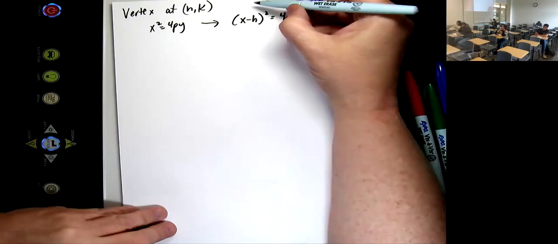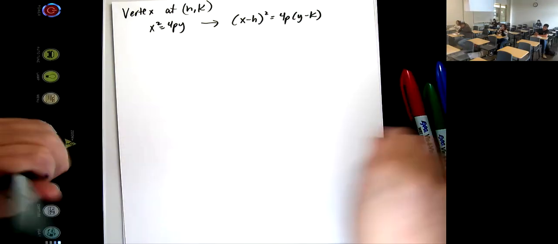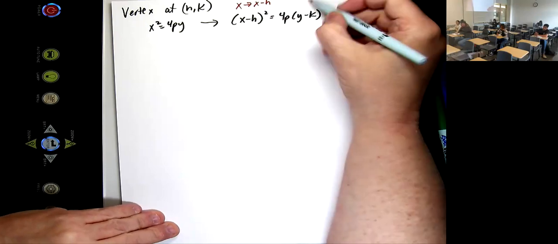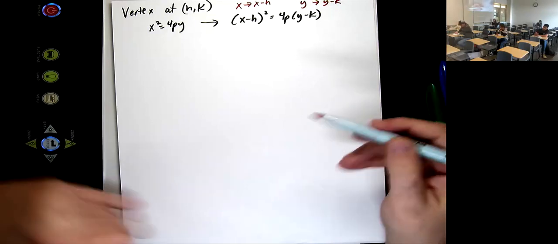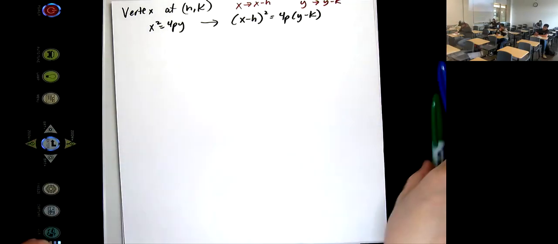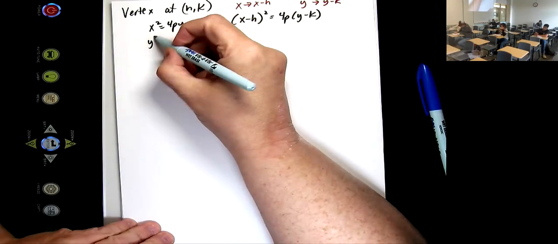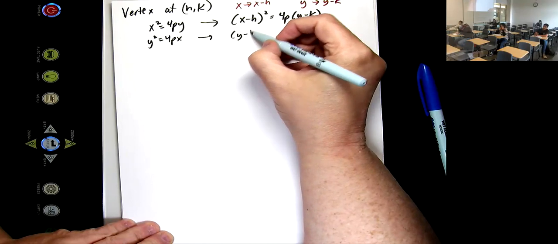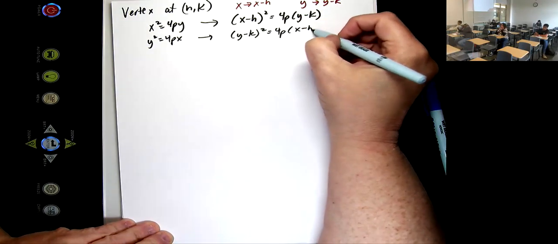Notice x got replaced with x minus h, and y got replaced with y minus k. That's going to happen in the other one as well. If I have y squared equals 4px, this turns into (y minus k) squared equals 4p times (x minus h).